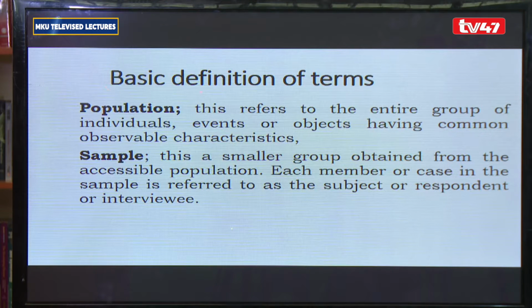A researcher is usually interested in people, organizations, objects that have common observable characteristics. We are interested in the characteristics per se. Now, let's look at it this way. If we are interested in looking at the motivation of teachers, then anyone else who is not a teacher is not part of our population.